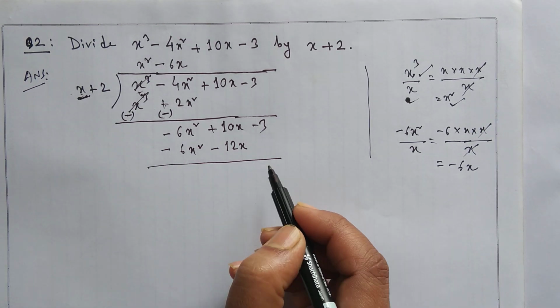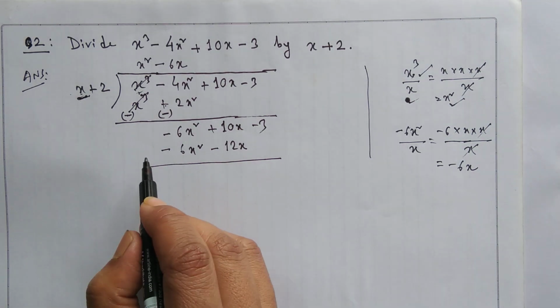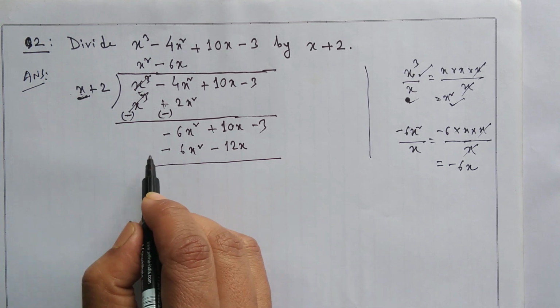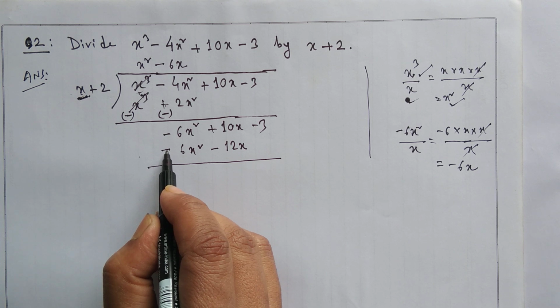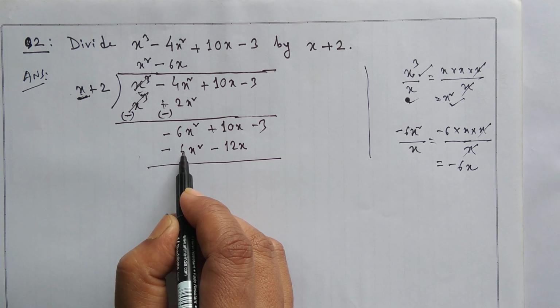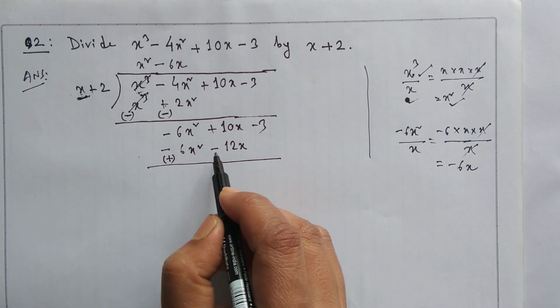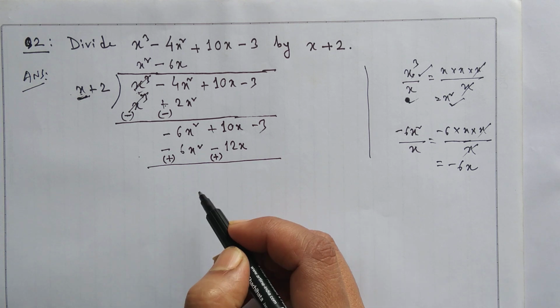Okay. Now next step, like our normal division. We have to subtract. Now this minus, with the minus which is there with minus 6: minus minus becomes plus 6. Then again you do minus minus, it will also become plus.